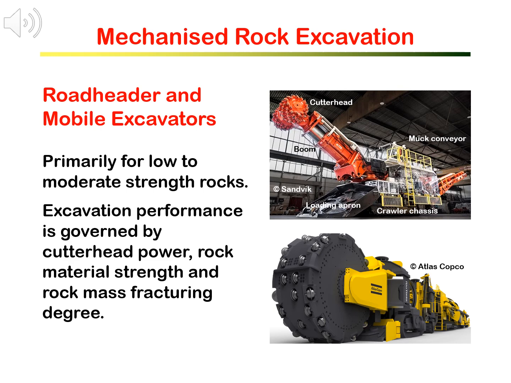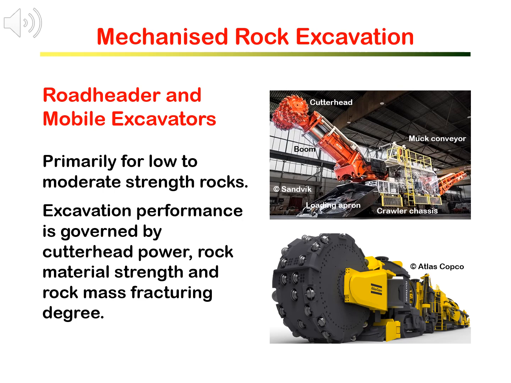Let us start with roadheaders and the mobile excavators. You can see them on the right. The one on top is a heavy-duty roadheader, and the one below is a mobile excavator designated for hard rocks. Roadheaders are primarily for low to moderate strength rocks.